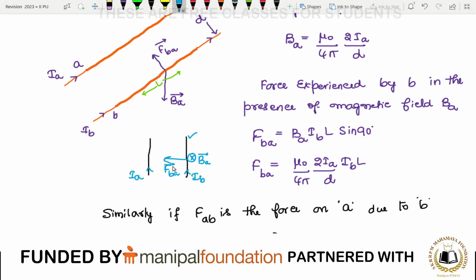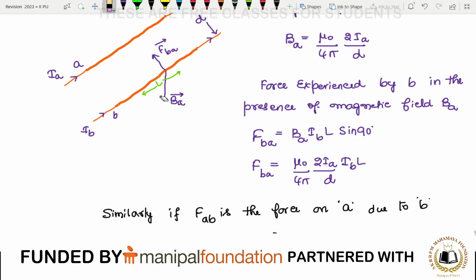FBA is the direction of the force. The magnetic field is into the screen in this diagram, and the force comes towards the first wire. One more point is possible here that we'll discuss a little later.